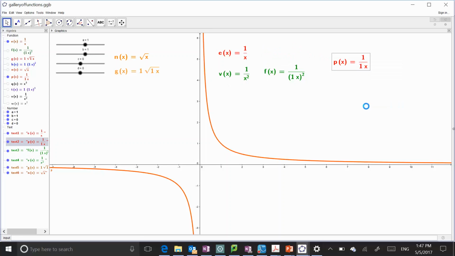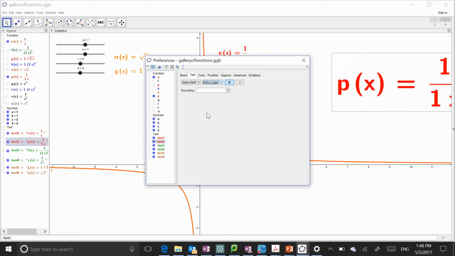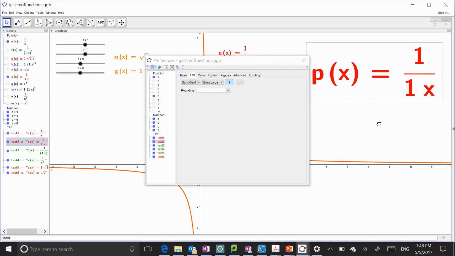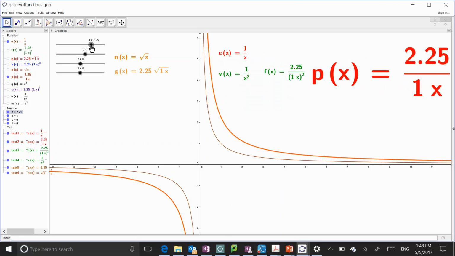I'm going to make it larger so that you don't get confused. Okay, so we're going to focus on the 1 on x, nothing else. Now, I said if you change the a value, that should make it thinner or wider. So let's test it. I'm going to change my a to a 2.